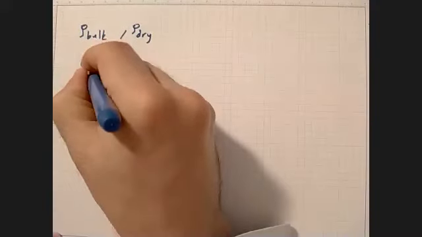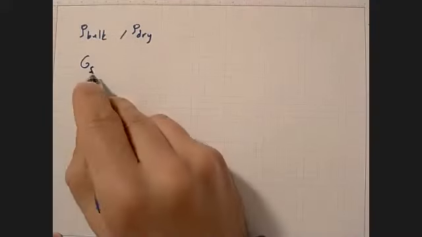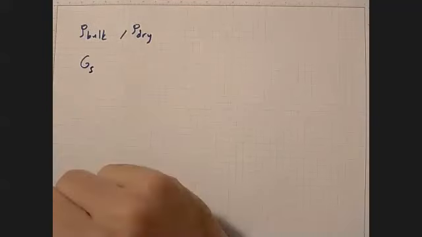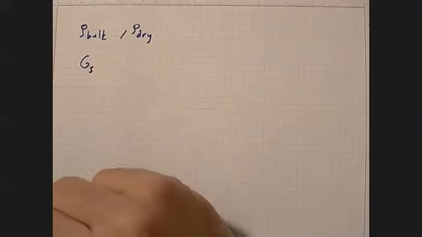Now, what else do we have? We also have specific gravity of solids. So as I said, subscript S is for solids. So G is specific gravity. So GS is specific gravity of solids.